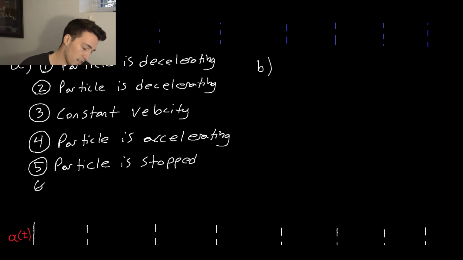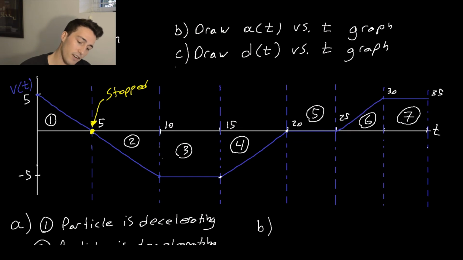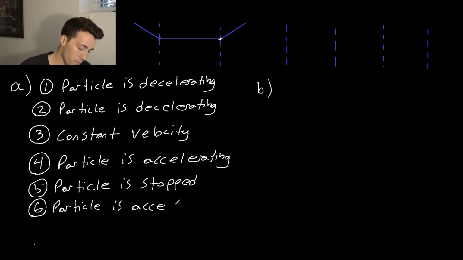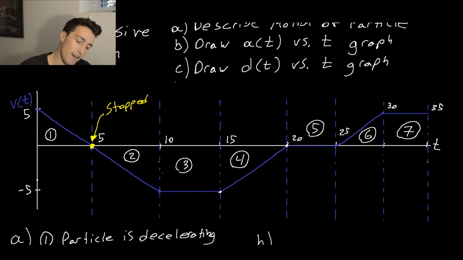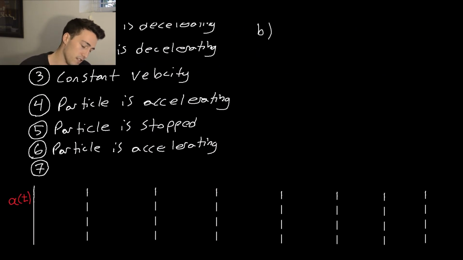We have section 6, which is, again, another acceleration because it's a positive slope of a velocity graph, so particle is accelerating. And lastly, we have section 7. In section 7, another horizontal line on a velocity graph. That means that we have constant velocity.